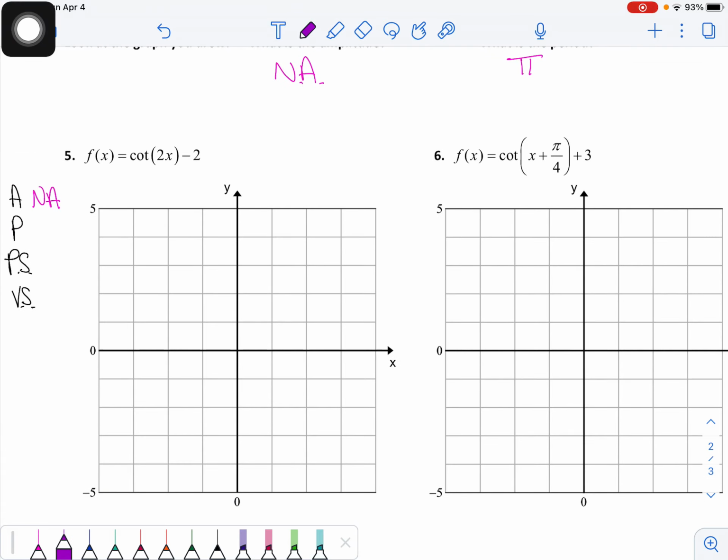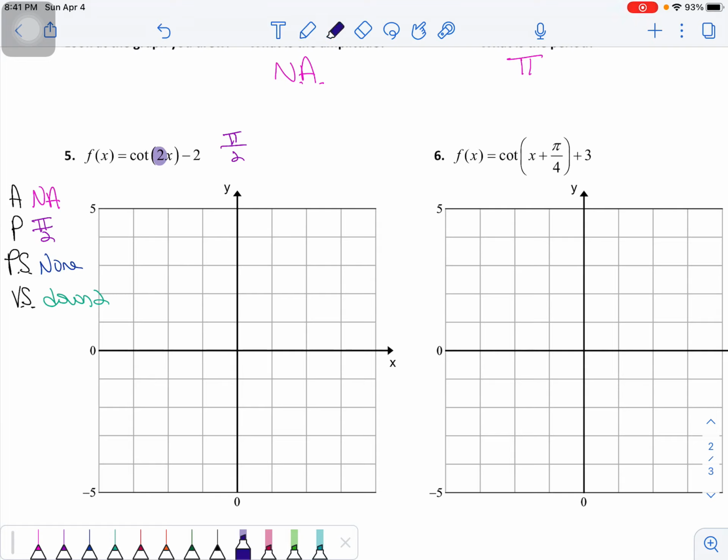All right. Period here is going to be a total of pi over 2. How'd I find that? Remember, it's based off of that coefficient of x, and it's the same process. Take your standard period of pi, divide it by 2, so it's pi over 2. Phase shift, none. Vertical shift, we're going to go down 2. Okay.